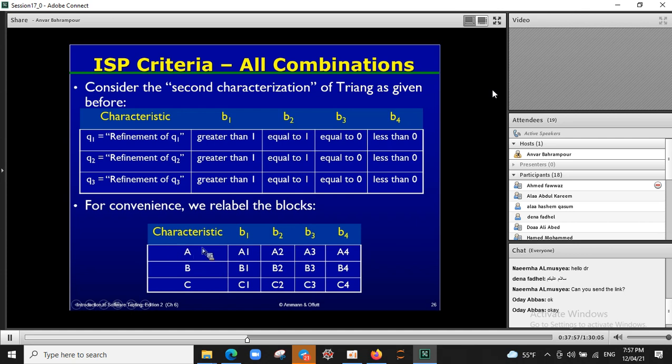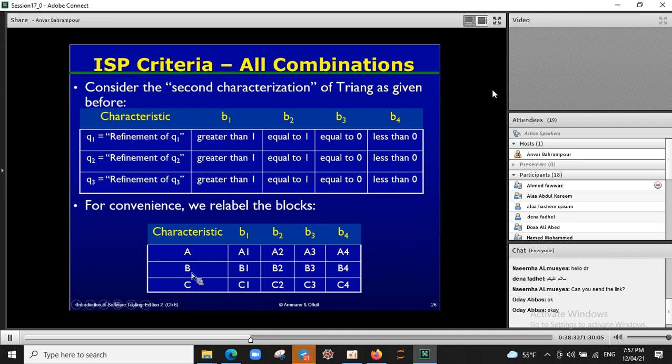For the first characteristic, the A characteristic, we have 4 blocks. So we could test 4 values for the first side of the triangle, such as A1, A2, A3, A4, according to our blocks B1 to B4.